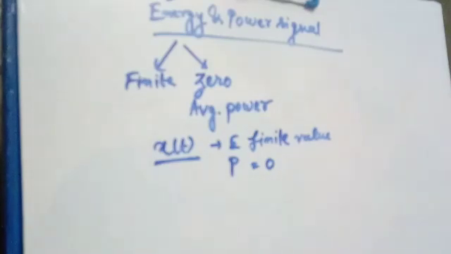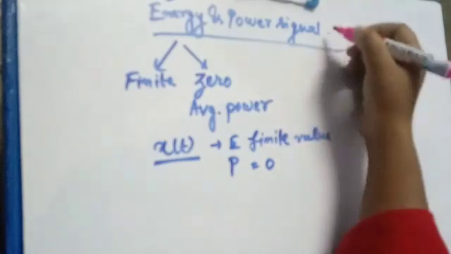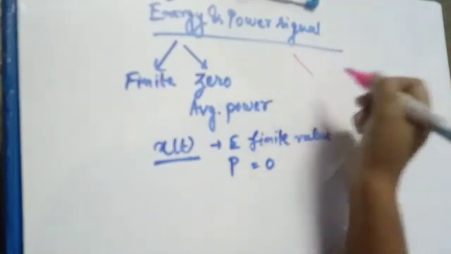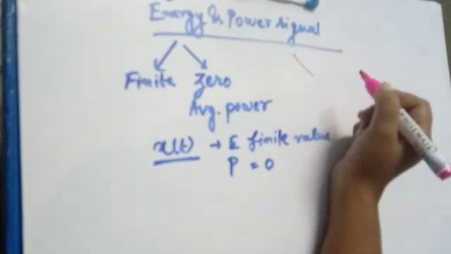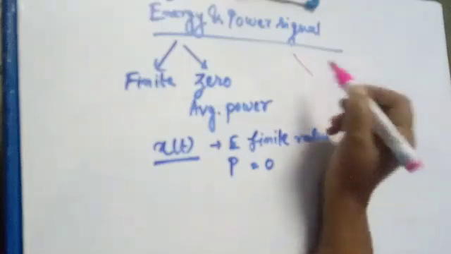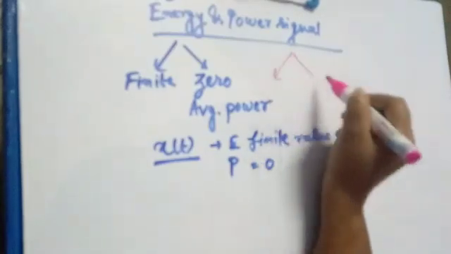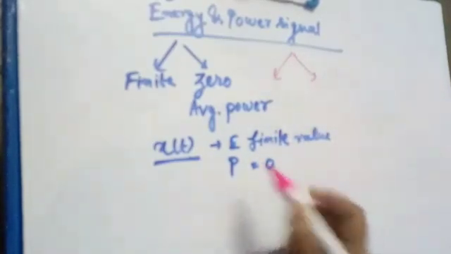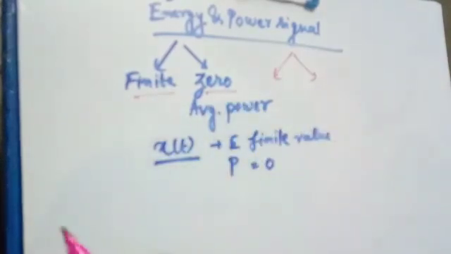The power signal is one which has infinite energy but a finite average power. So the power signal also has two properties, but just opposite to the energy signal.